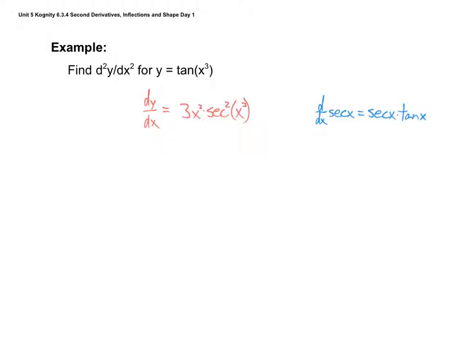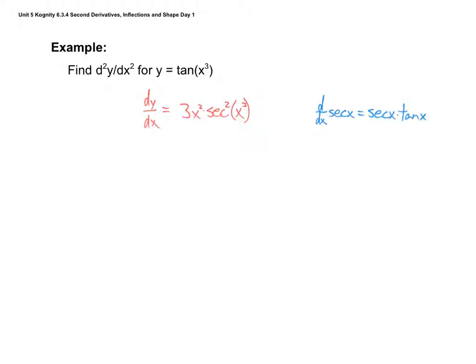Secant squared, the secant is inside the square. In fact, this right here is going to be a double chain because we've got the x cubed in the secant and then the secant is in the square. We've done ones like this. Just be careful, take it one step at a time.